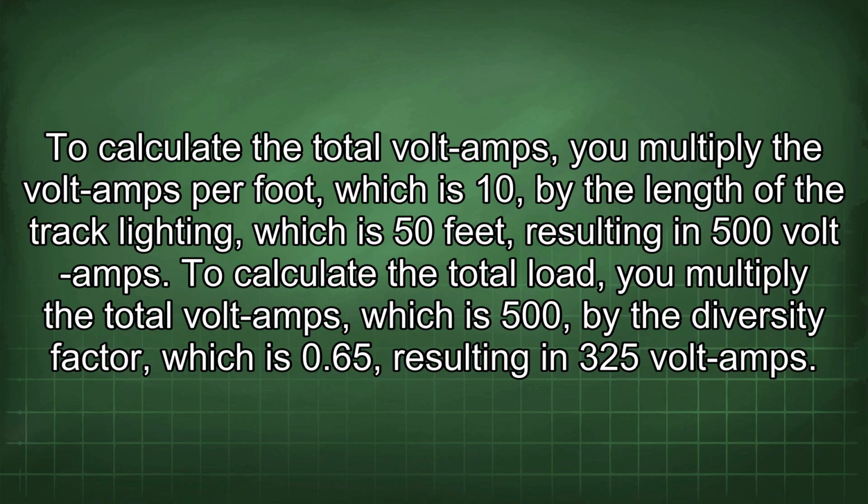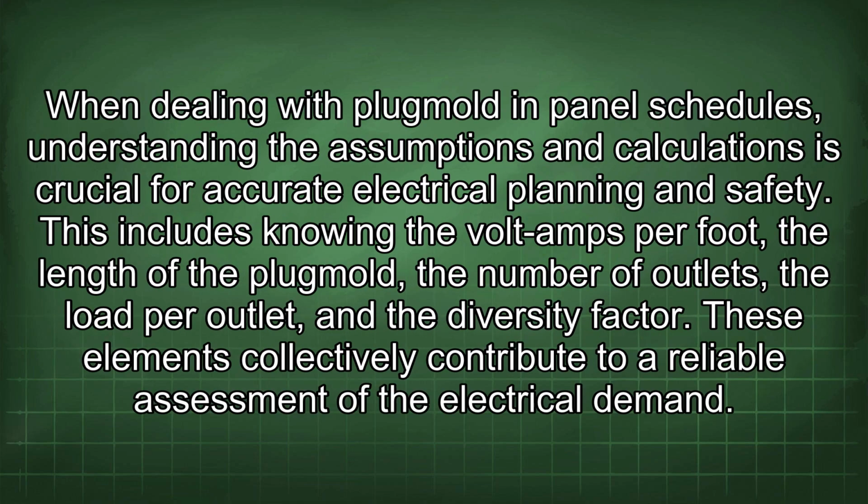To calculate the total load, you multiply the total volt-amps, which is 500, by the diversity factor, which is 0.65, resulting in 325 volt-amps.